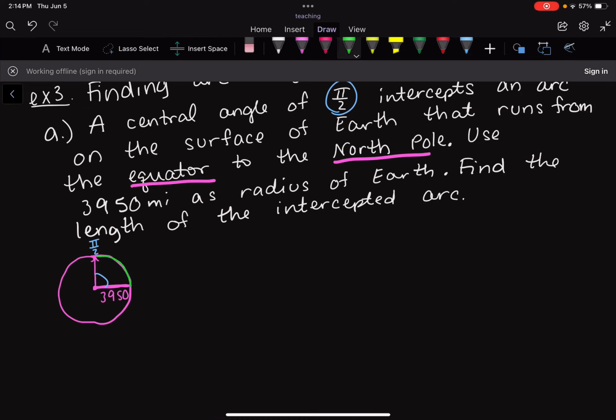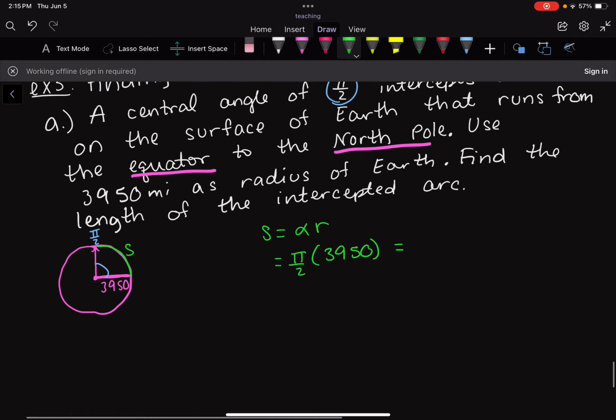So I'm going to take my angle and multiply it by my radius. So I get pi over 2 times 3,950. This would be 1975 pi. Now, I don't usually like to simplify so far to get rid of the pi, but your homework may ask you to do that.